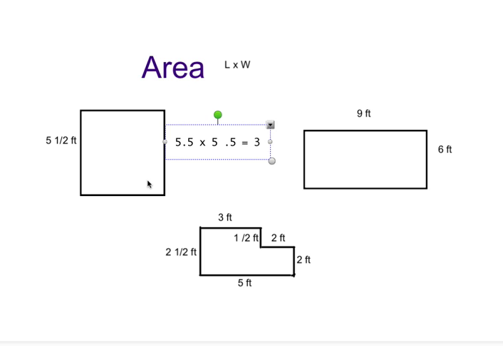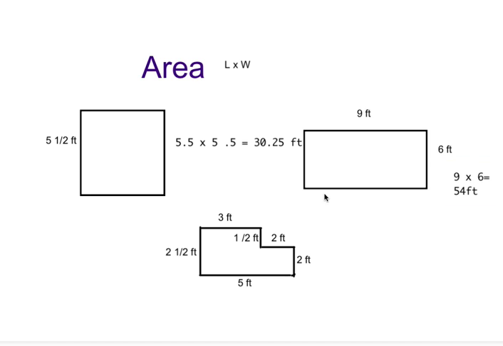My answer is 30.25. So that's the area, or the measurement of the inside of this square. This square, it's 9 feet by 6 feet, so 9 times 6. My answer is going to be 54 feet.